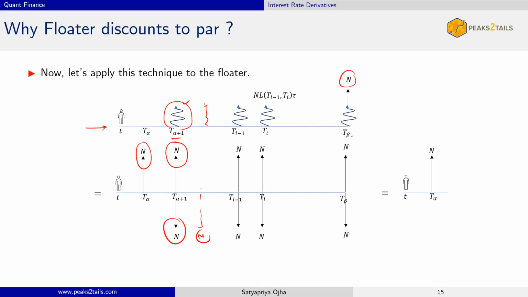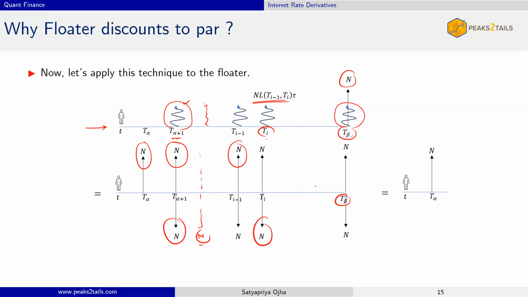So basically you can feel that every point will have a positive n and a negative n. At Ti, this particular floating payment is this and this. Hope that makes sense. So you will have this plus n minus n at every single point. Look at the last one. In the last one, what will happen?